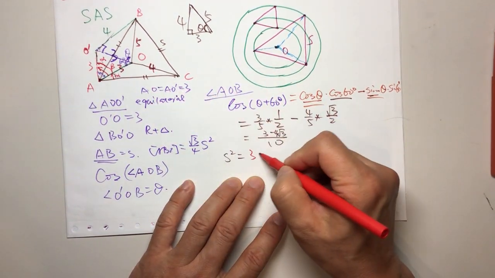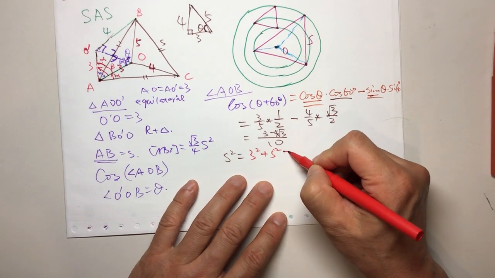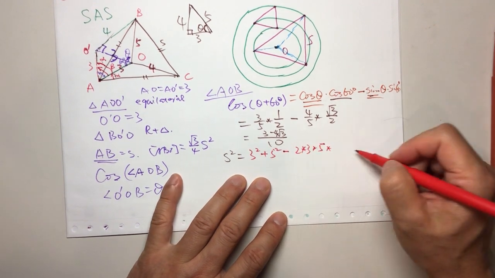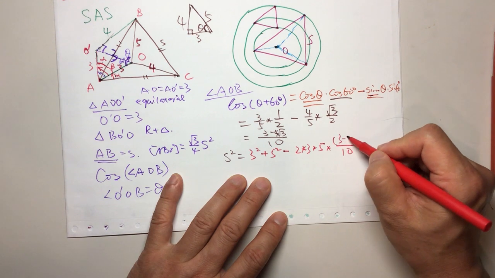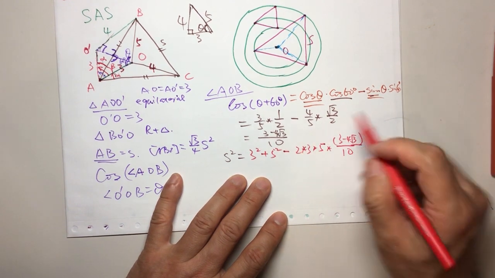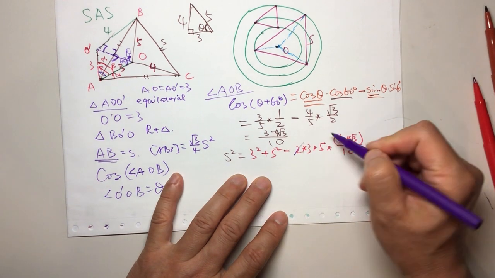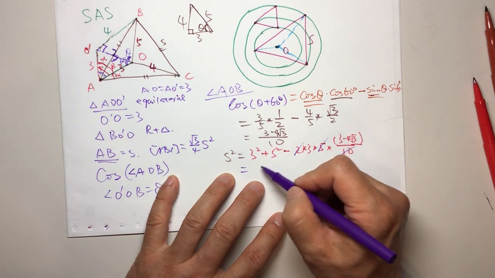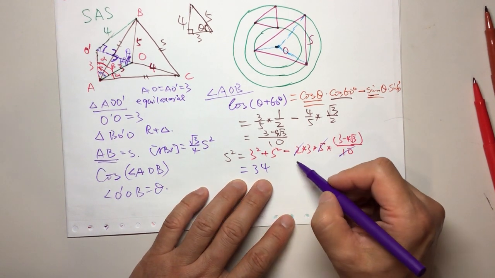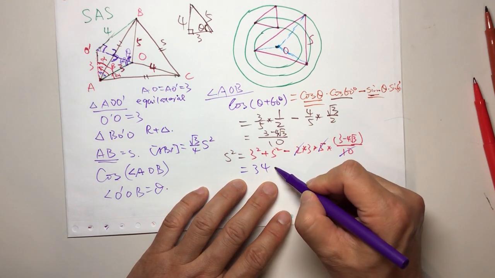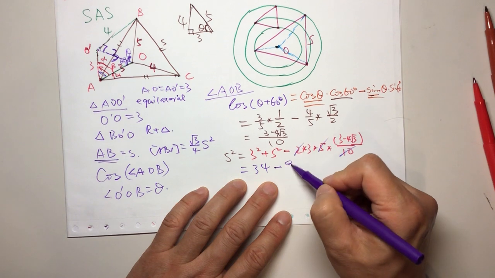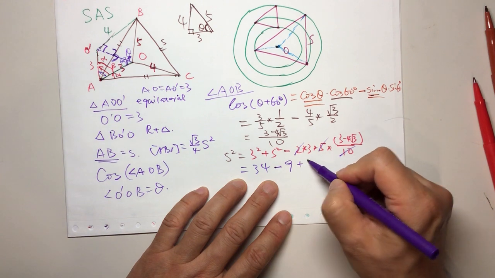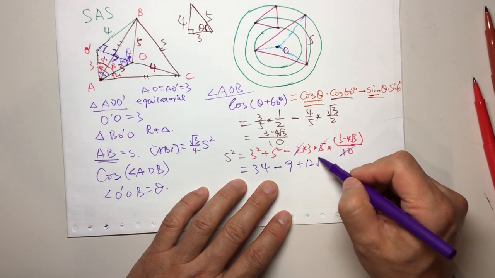It equals 3 squared plus 5 squared minus 2 times 3 times 5 times this, 3 minus 4 square root of 3 over 10. So 9 plus 25 is 34, and we minus 3 times 3 minus 4 root 3, which is minus 9 plus 12 square root of 3.